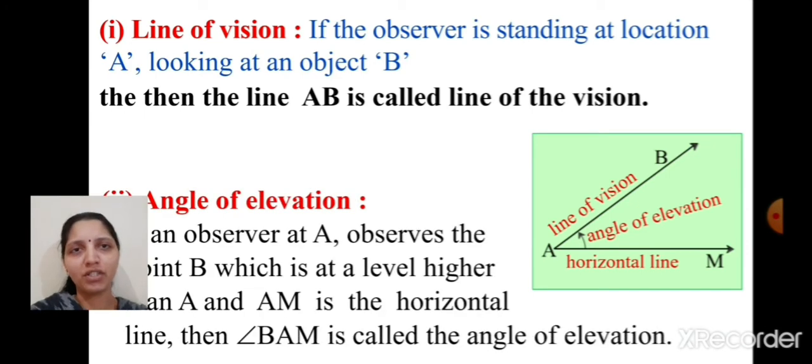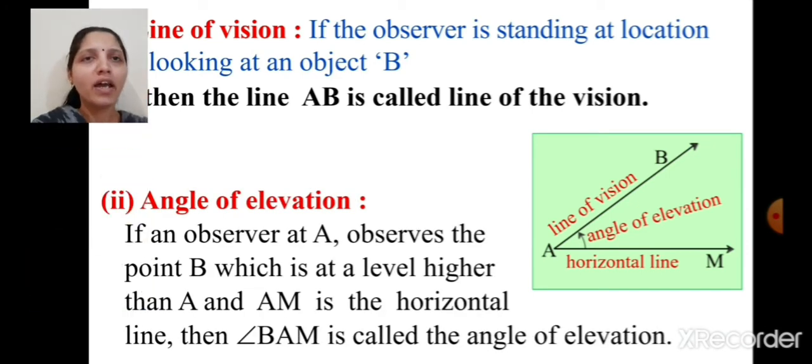Now let's understand what is angle of elevation. Here, if an observer at A observes point B, which is at a higher level than point A and segment AM, then angle BAM which is formed here is called the angle of elevation.